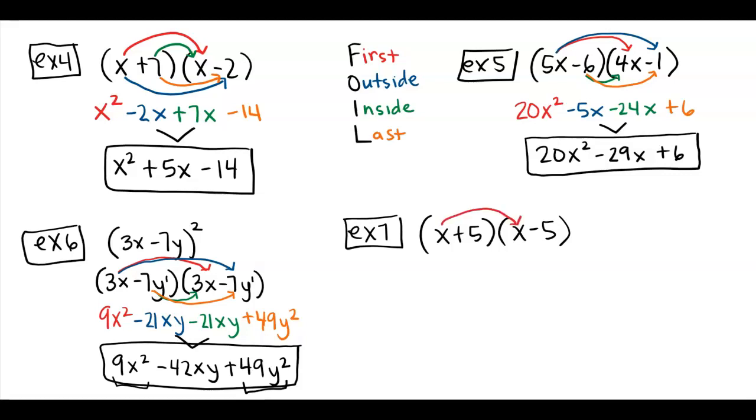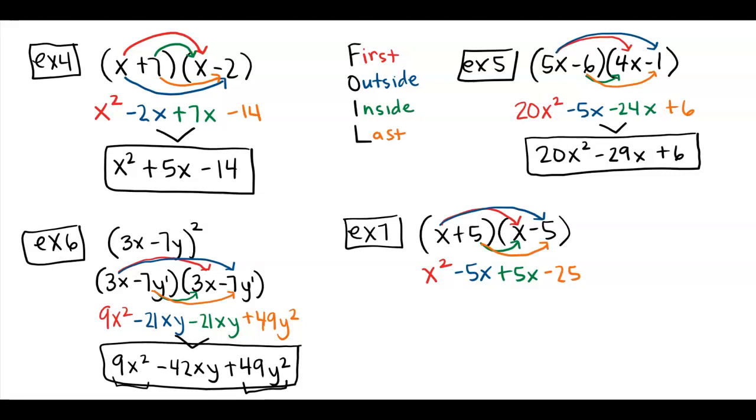We do our first term, x times x is x squared. Then we do our outside terms, x times negative 5 is negative 5x. Then we do our inside terms, which gives me a positive 5x. And then I do my last term, which gives me a negative 25.